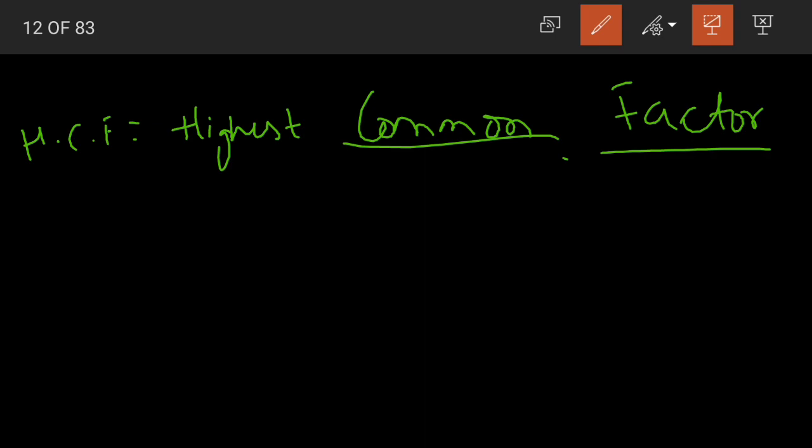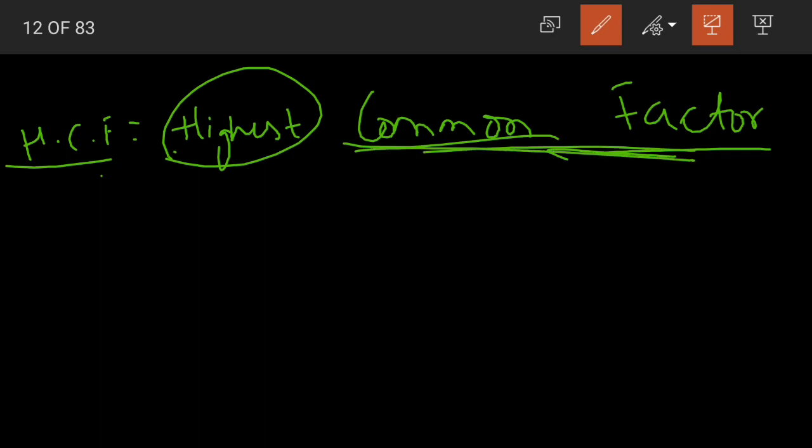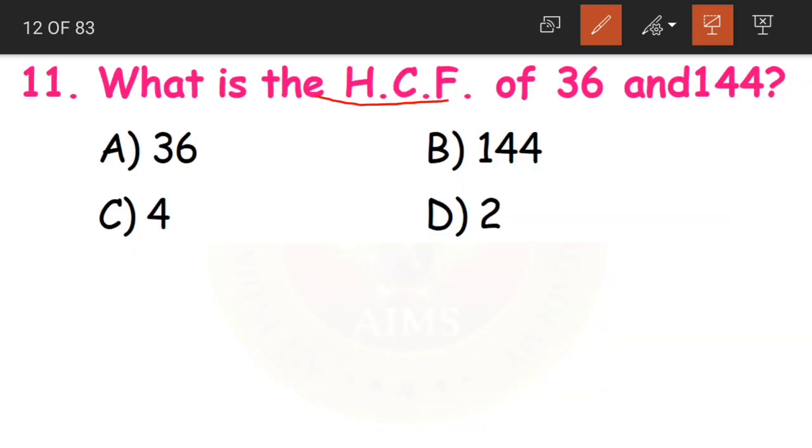That is when both the given numbers have the same factor, it becomes our common factor. Now what does highest mean? Highest means the largest one. So what does highest common factor mean? Among the given common factors for the numbers, the highest number becomes our HCF. Now let us look at our options. The HCF of 36 and 144.